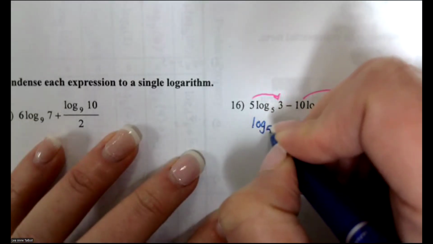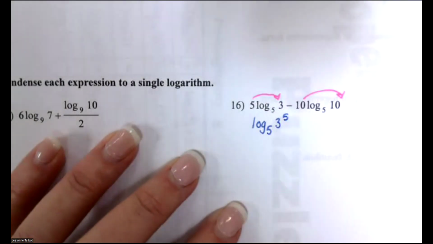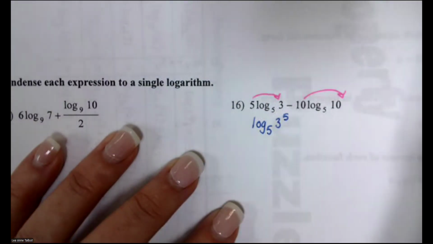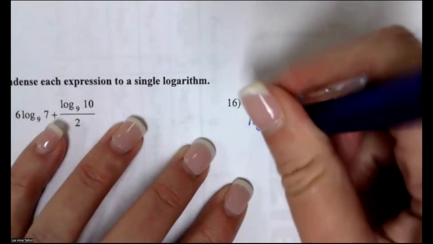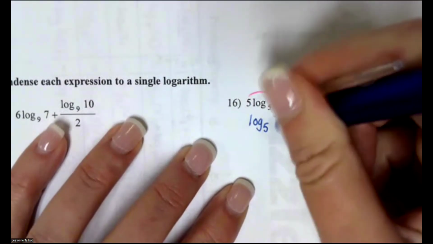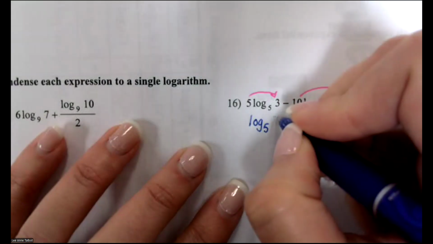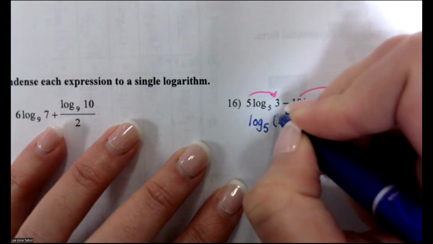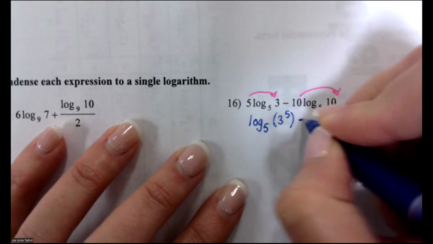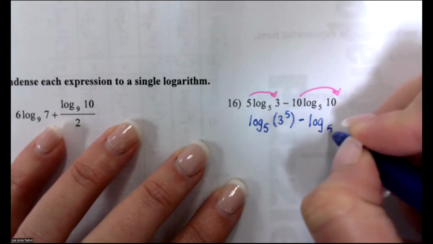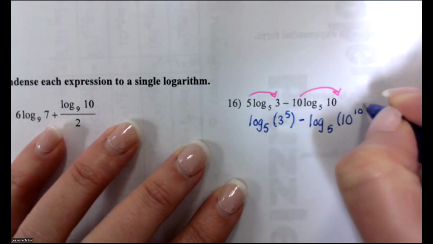Log base 5 of 3 to the 5th. It's hard because there's like parentheses in some and not in others. Minus log base 5 of 10 to the 10.